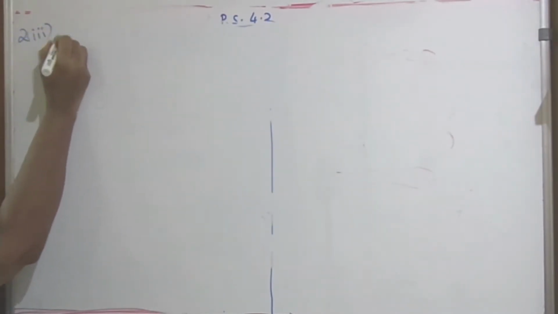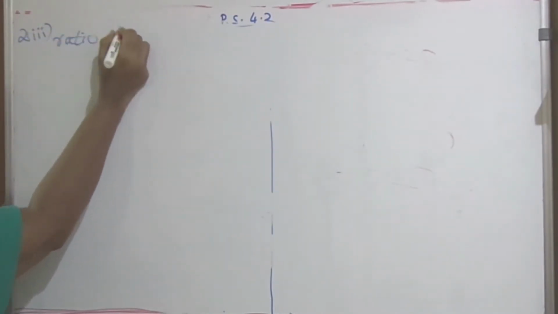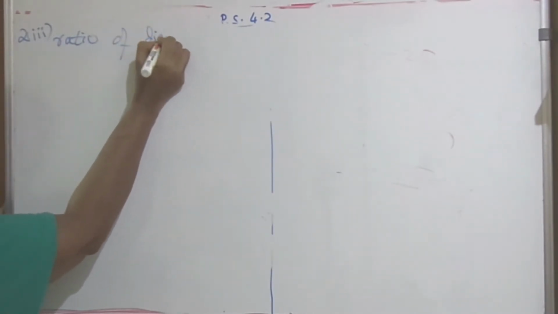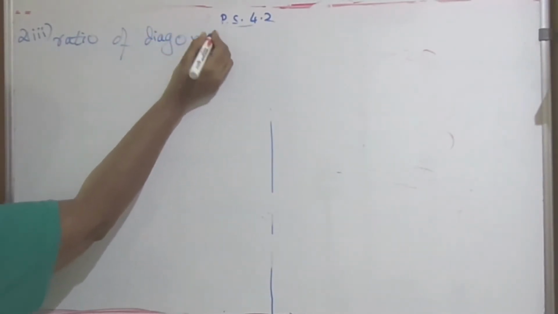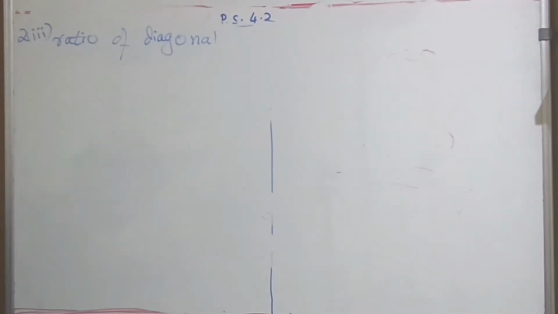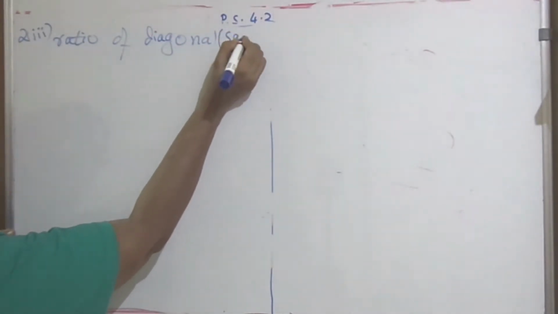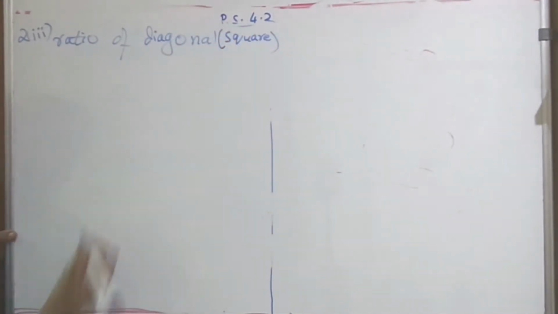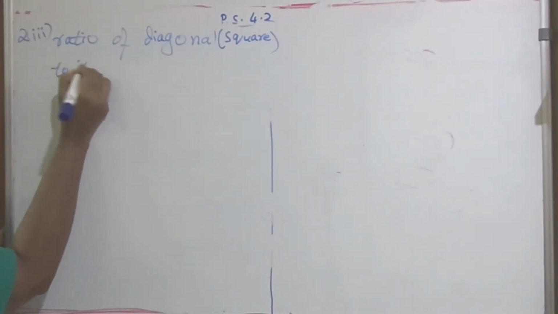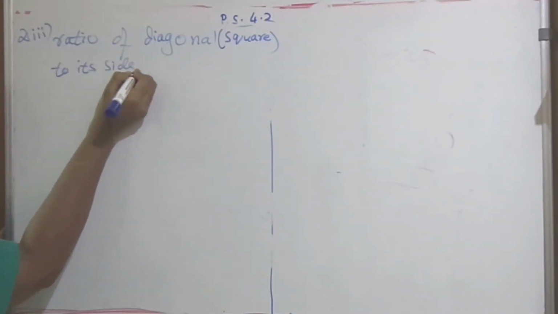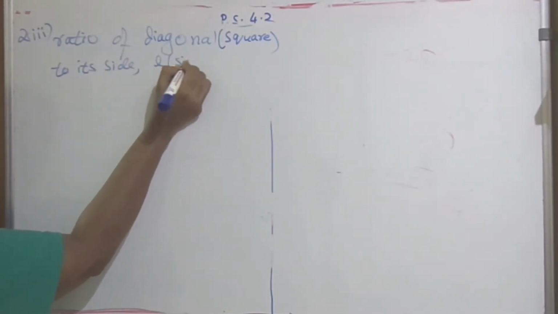Ratio of diagonal of a square to its side, and the length of the side is given as 7 centimeter.